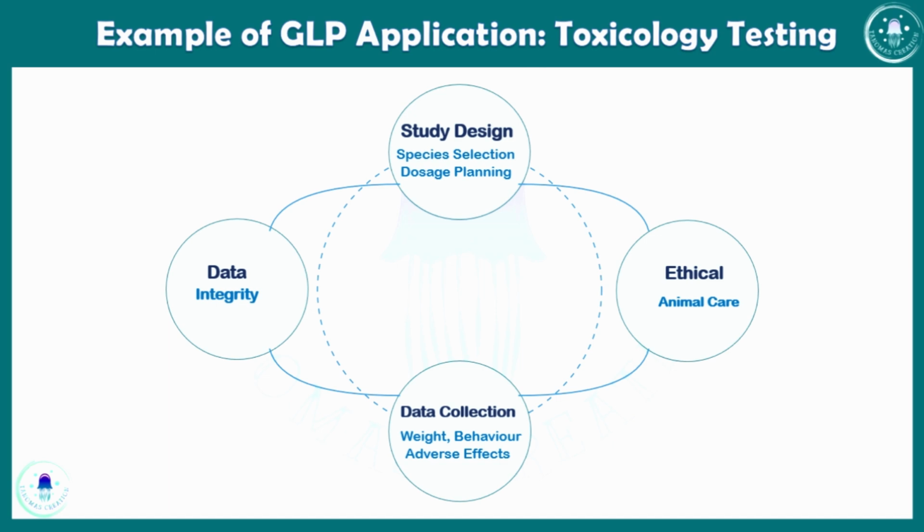Now animal care and handling. Okay. So that is the second important thing. What GLP does is it enforces strict guidelines for the care of the animals, so that the animals being tested upon are taken care of, ensuring their well-being and preventing undue suffering, so that they can be healthy while the tests are conducted.